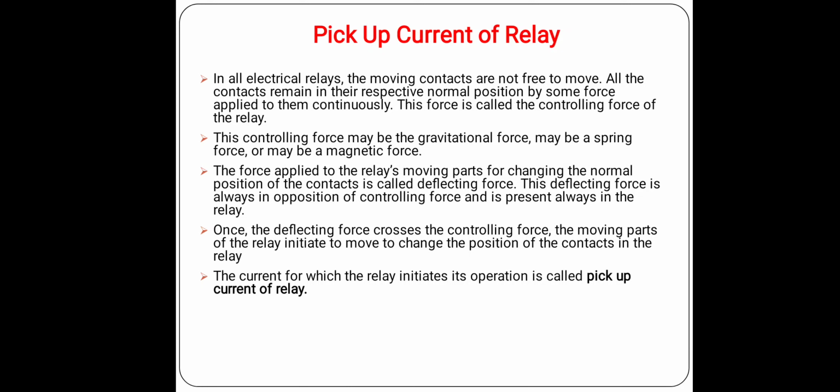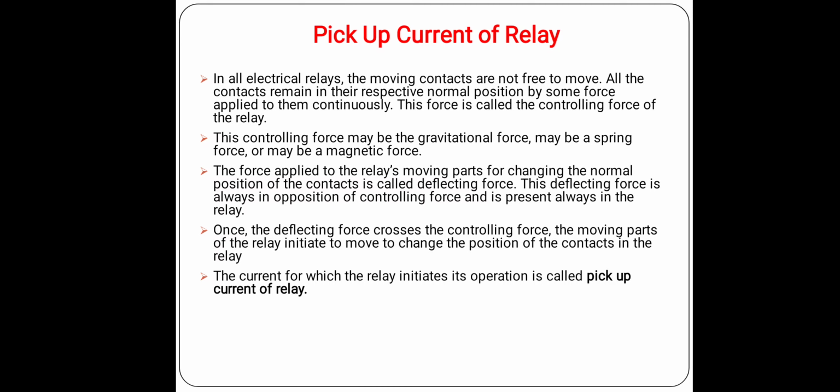The deflecting torque or deflecting force is always present in the relay, which is directly connected to a live line, also called the main line. As the magnitude of this force is less than the controlling force in normal condition, the relay does not operate. If the actuating current in the relay coil increases gradually, the deflecting force in an electromechanical relay also increases.